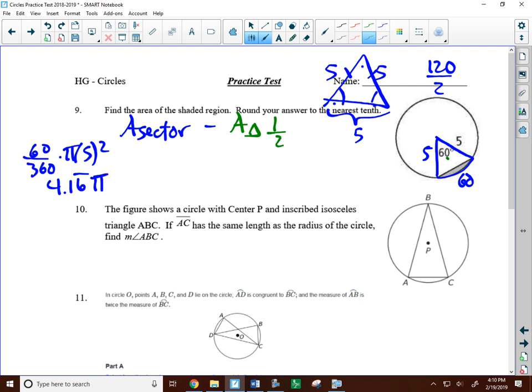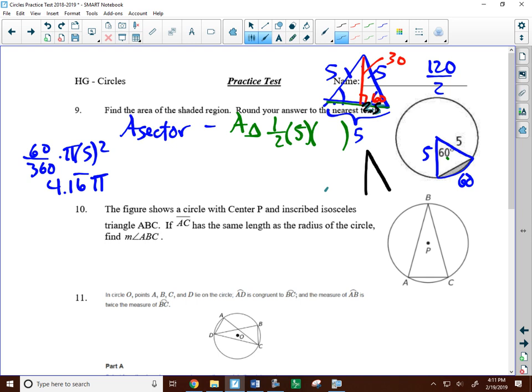So the area of the triangle is 1/2 base times height, where the base is 5. And then the height, I can use 30, 60, 90. So this is 2.5, half of 5.